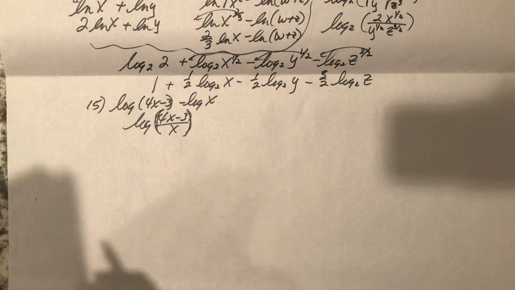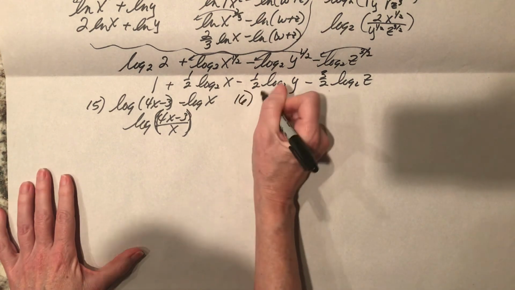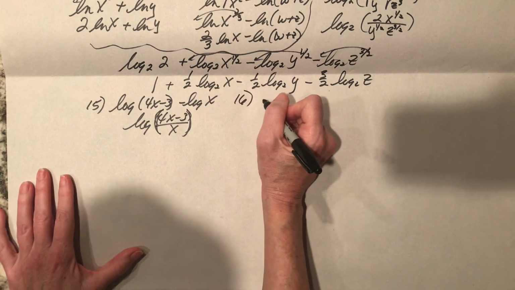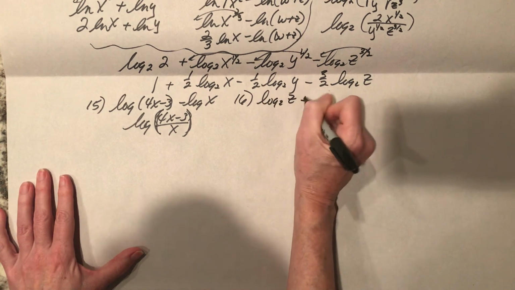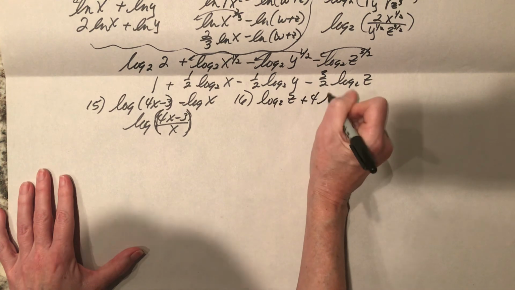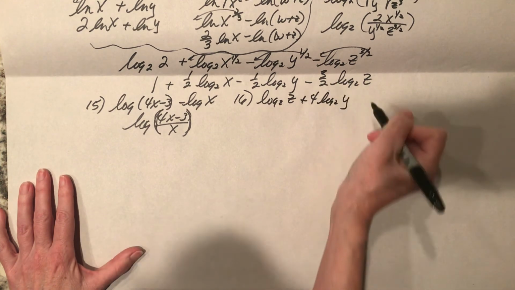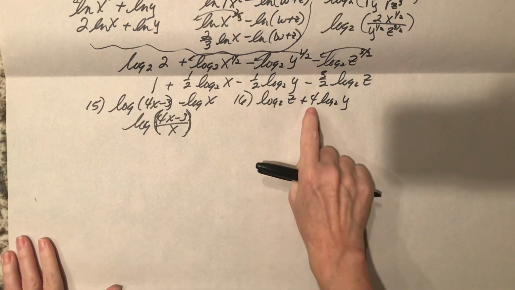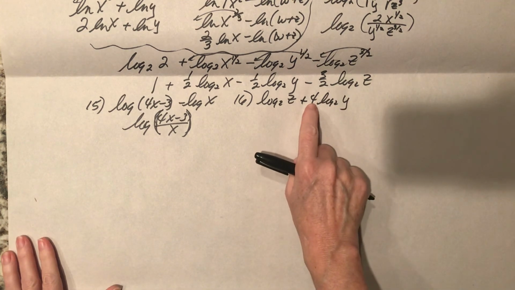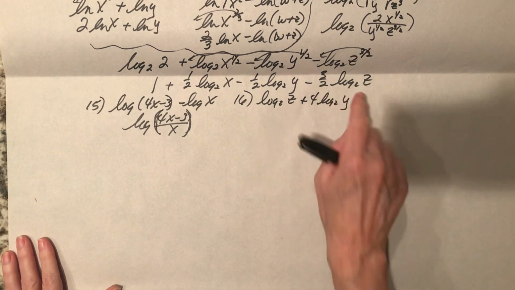Let's see what we can do with 16. We've got log base 2 of z plus 4 times log base 2 of y. The last thing we did when we were expanding them out in the previous problems was to take care of this property by slinging it forward. Let's do that first. Let's sling it back.